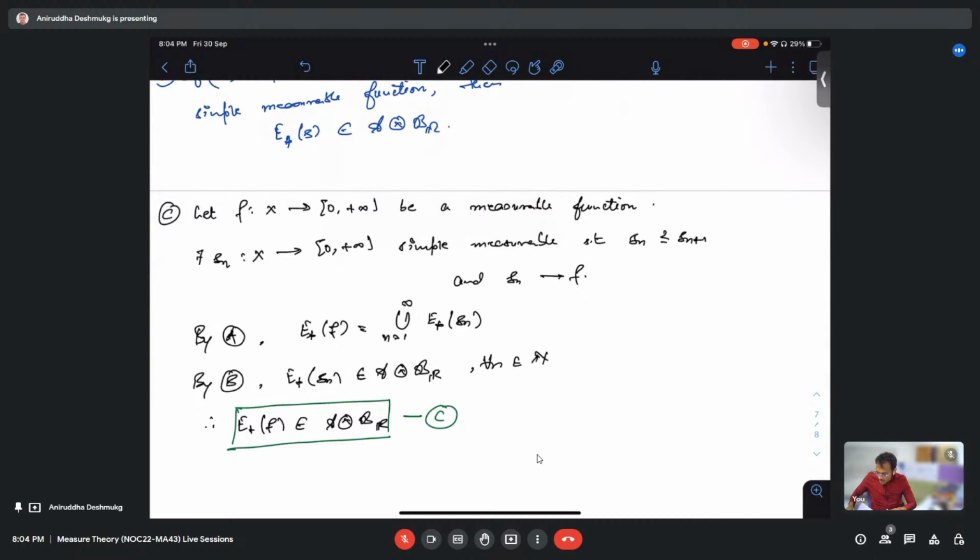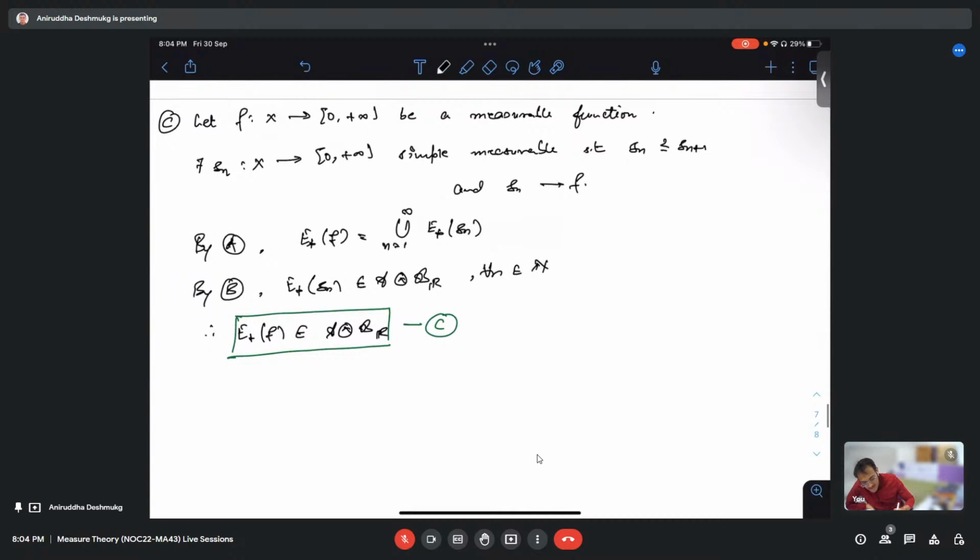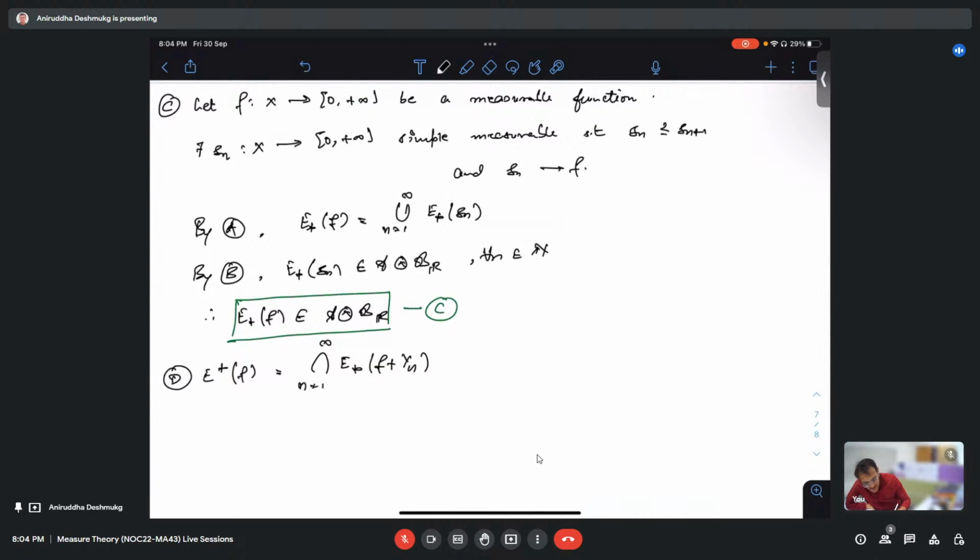Okay, now we are almost there. We just need to see what about that upper star thing. So that is our next result. E upper star f, one can write it as the intersection over n from 1 to infinity of E lower star of f plus 1 by n. And why is that so? It is easy to check.